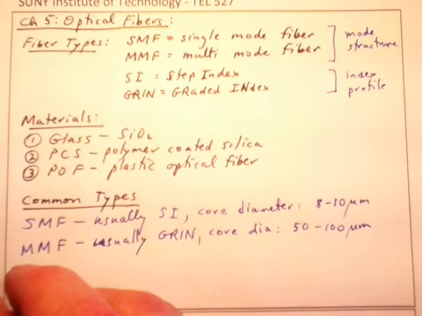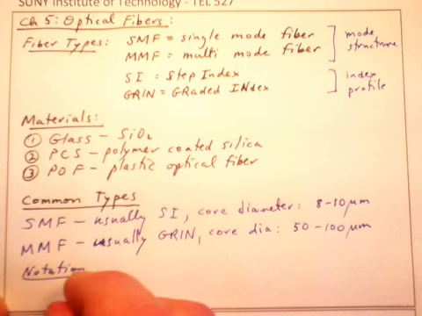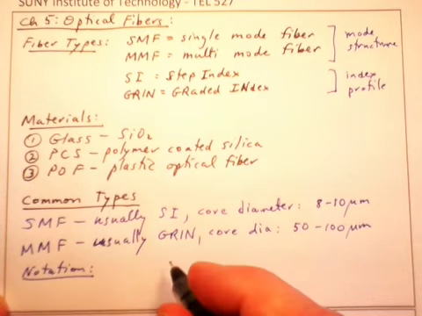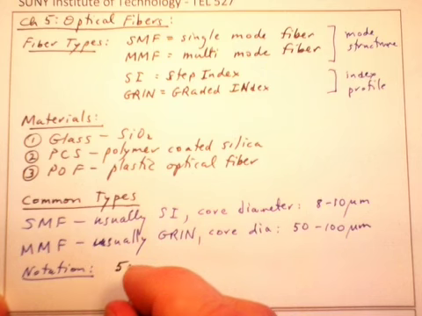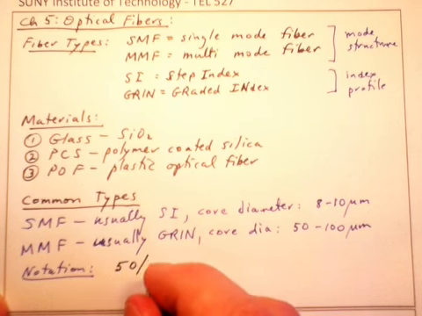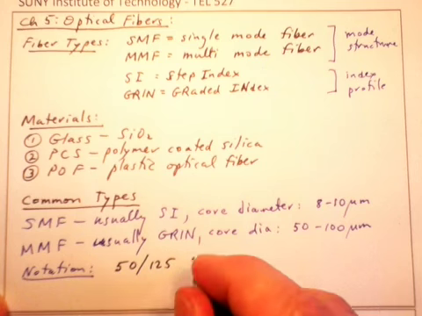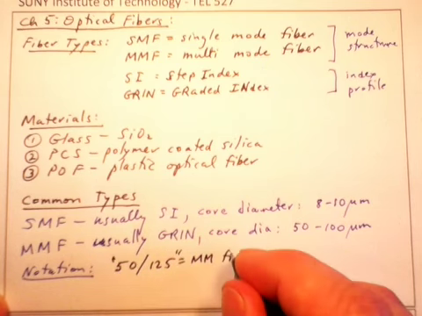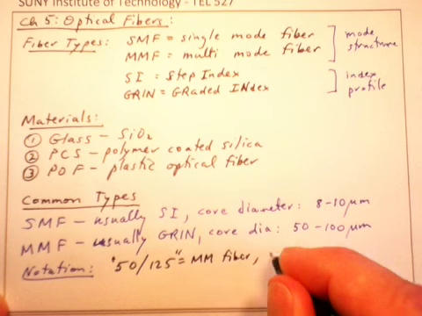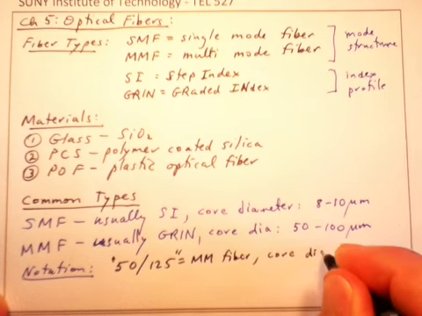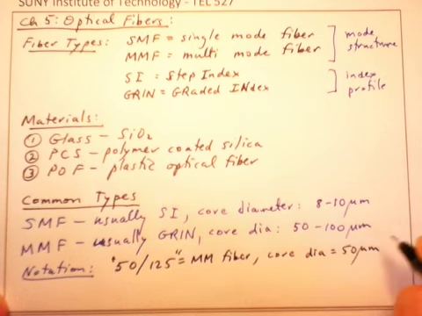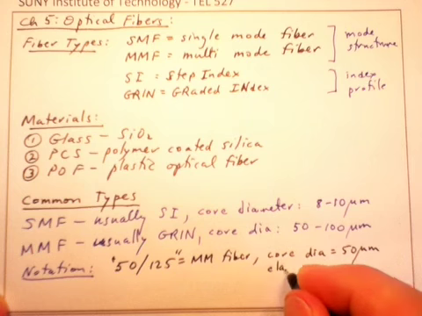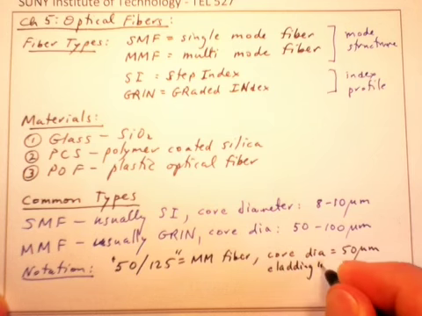Some notation to know and to recognize when you see it. Typically you'll see two numbers, for example 50/125, which would be a multimode fiber with a core diameter of 50 microns and a cladding diameter of 125 microns.